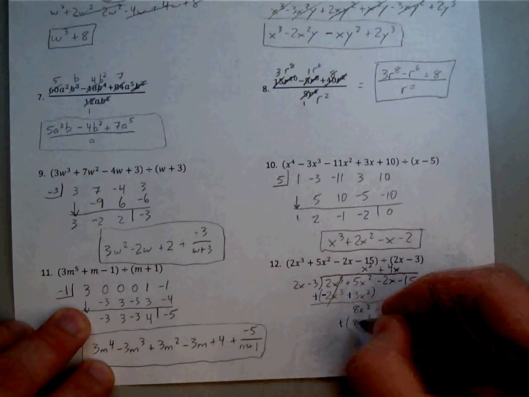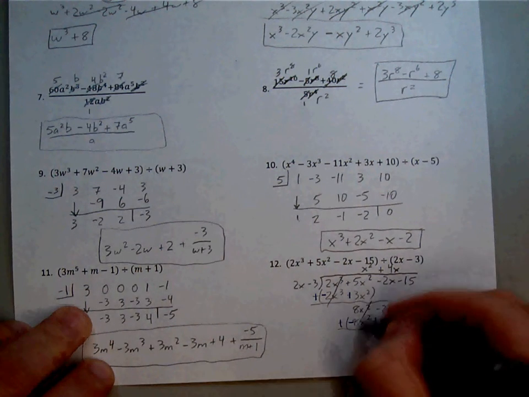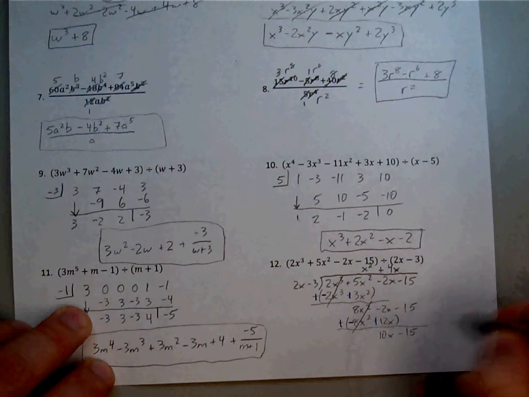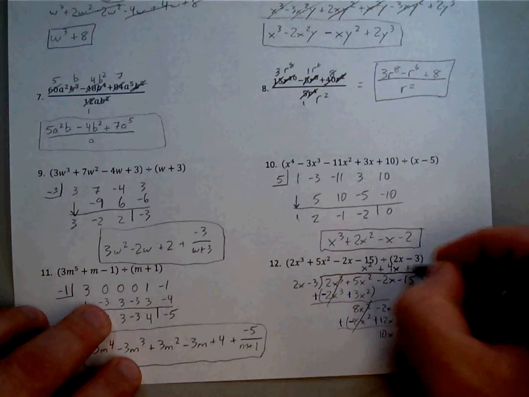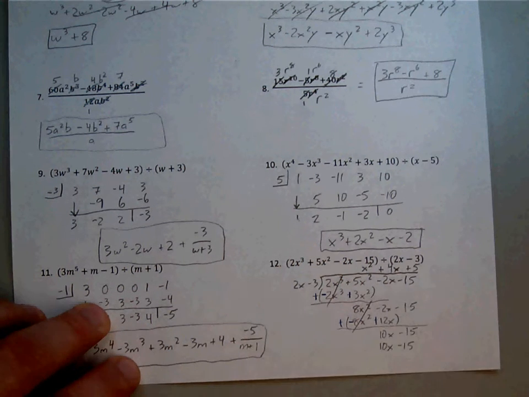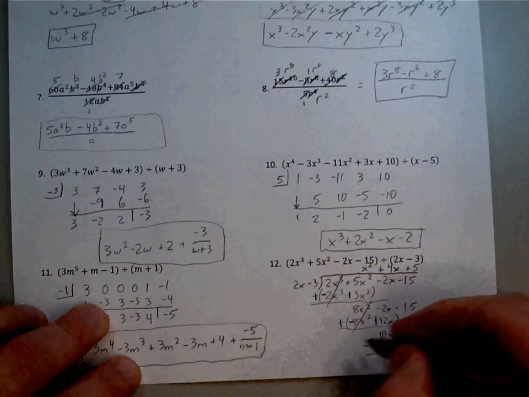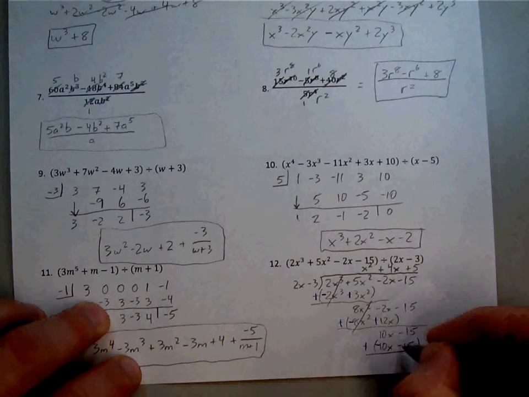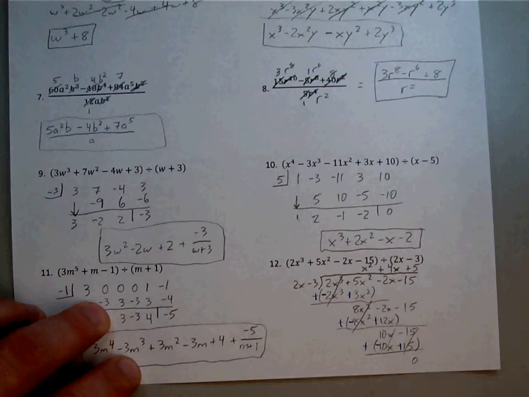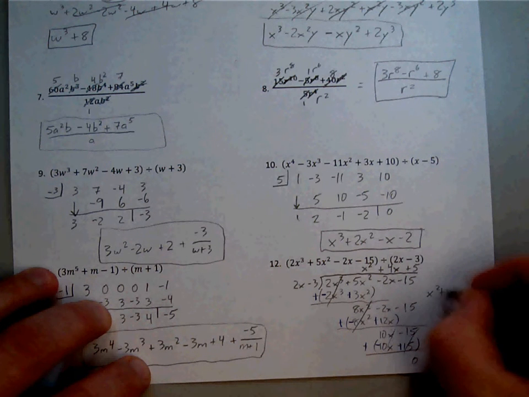Distribute the negative. We get 10x minus 15 multiplied by 5, 10x minus 15, distribute the negative, that cancels, I'm left with a remainder of 0, so x squared plus 4x plus 5 is the answer. No remainder.